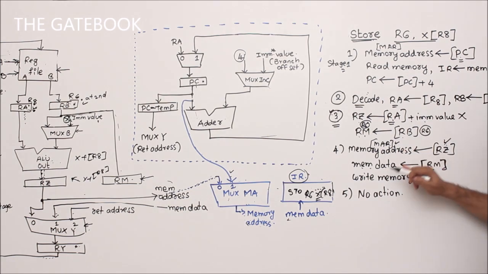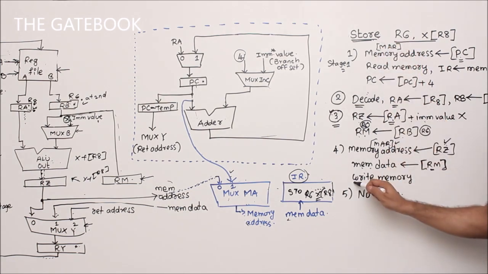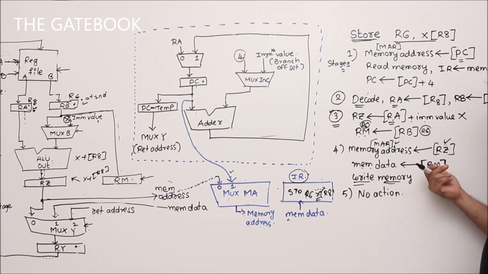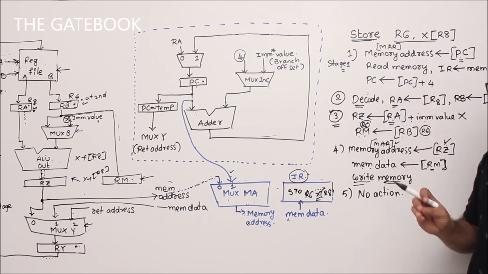Now we are giving both of them and simply write memory, correct? Because of this write memory operation, the interface will take the data RM and the address which is in RZ and store it into the appropriate location.